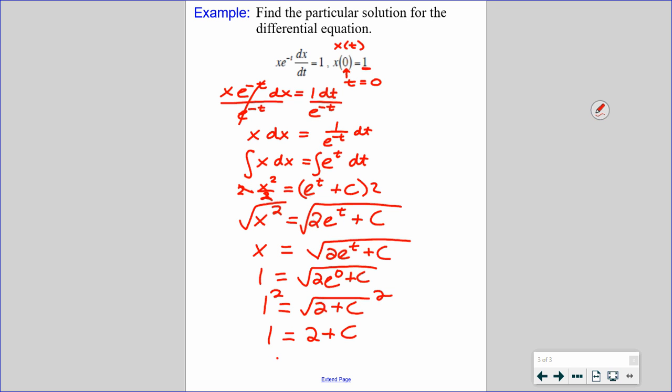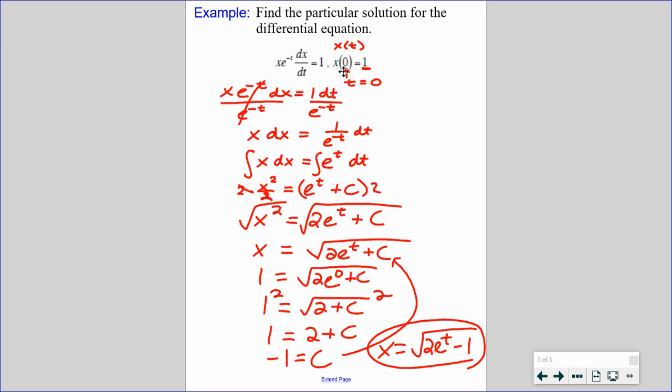Subtract 2 on both sides, and we'll get negative 1 equals c. Then all we have to do is plug that negative 1 in for c, and we'll have our final answer, which is x equals the square root of 2 times e to the t minus 1. And that is the particular solution to the differential equation.